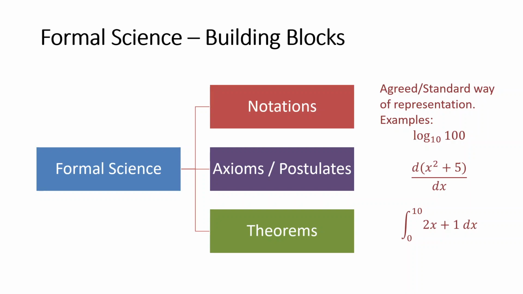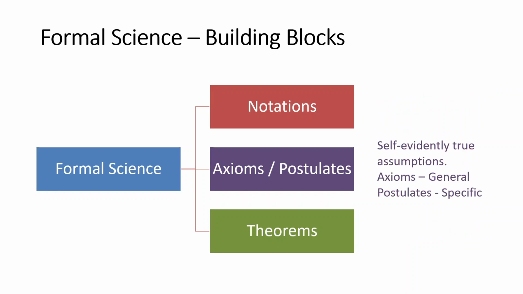Sometimes people get a little bit intimidated by looking at the notations, but we have to just remember that those are just notations to make our life easier. Second, we have the axioms and postulates. Those are self-evident truths. If something is obviously logical, there is no need to prove it anymore. So we call it either an axiom or a postulate.